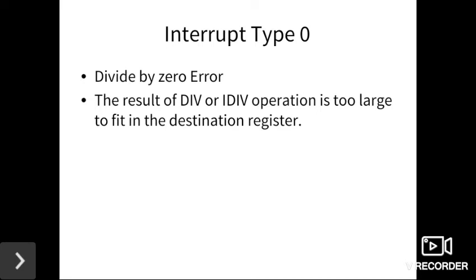It loads the new value of the code segment from addresses 00002H and 3H, and the new value of the instruction pointer from addresses 00000H and 1H. This is interrupt type 0.